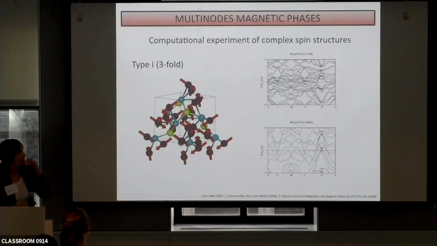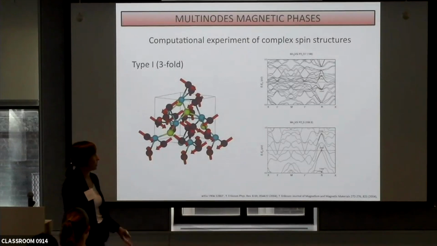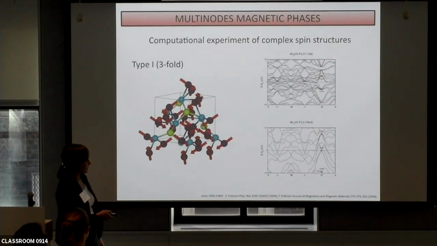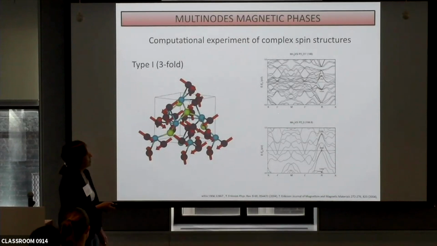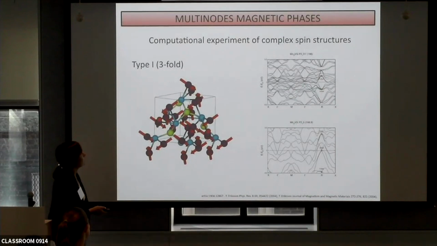All right, so following this recipe, we look for some material realization. One very interesting one we found is manganese iridium silicon, which was predicted by Eriksson and his collaborators in Uppsala. This compound is type 1 without any magnetization. It holds a 6-fold crossing at the R symmetry point.